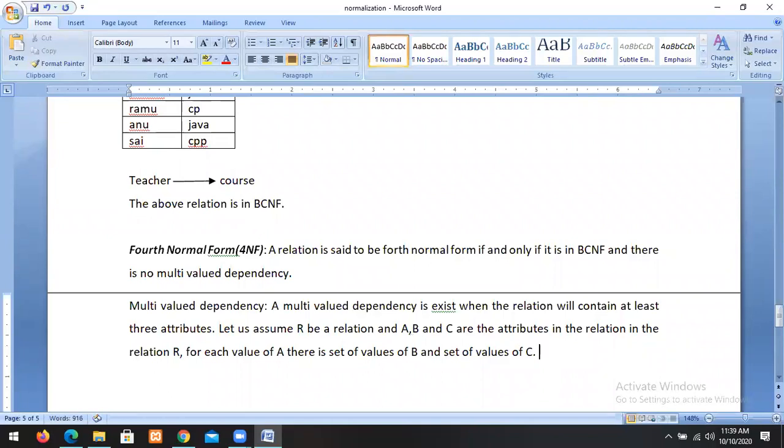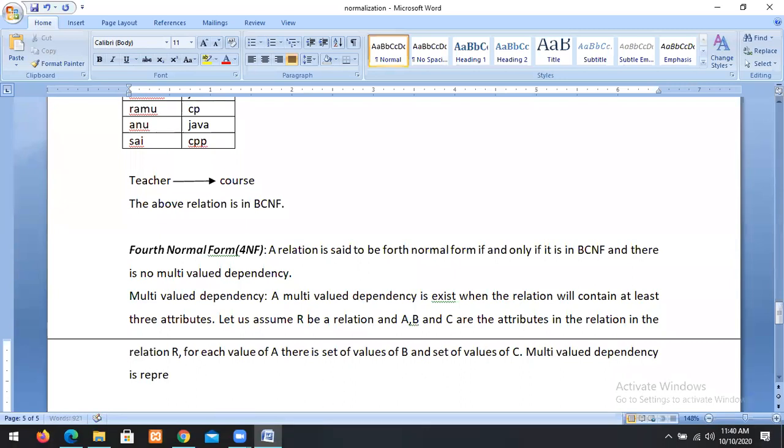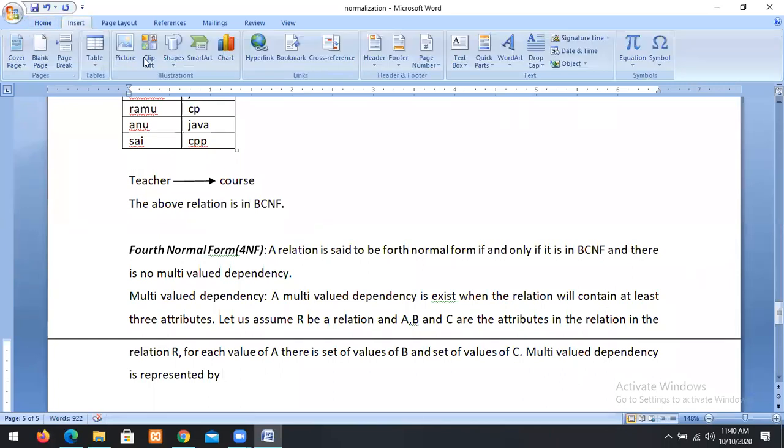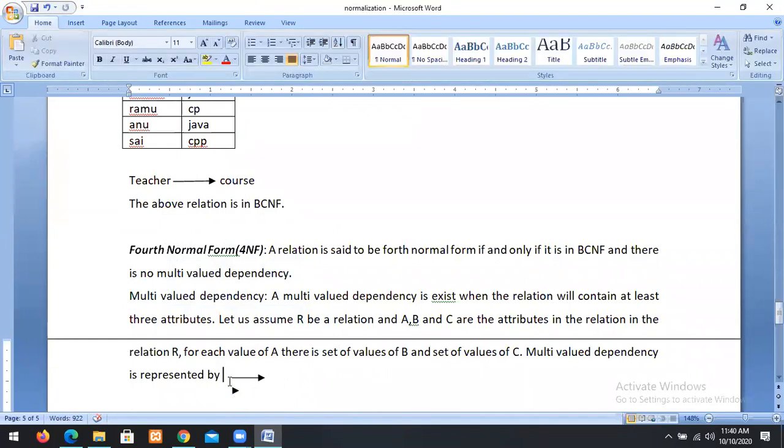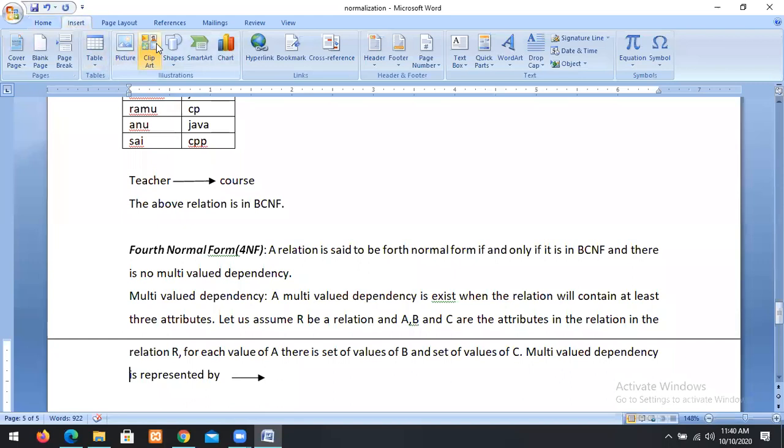A multi-value dependency is represented by two arrows, so we represent it like this.